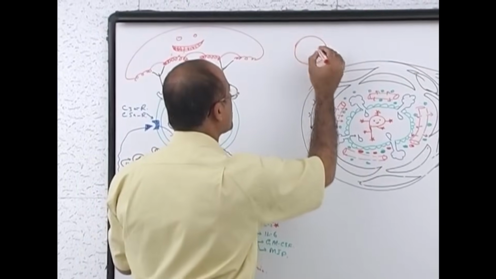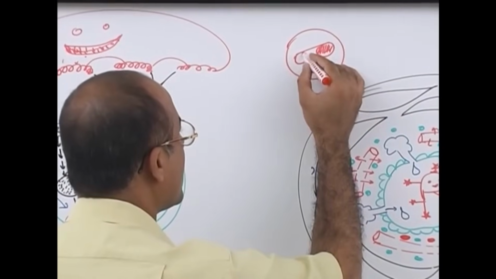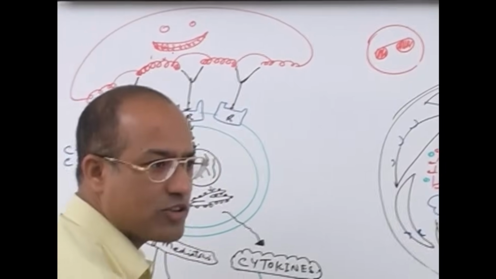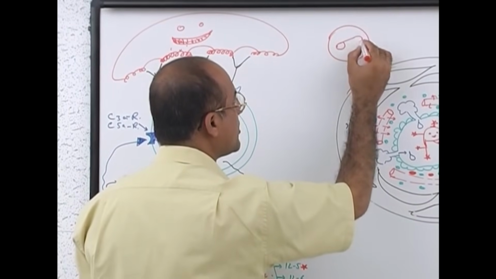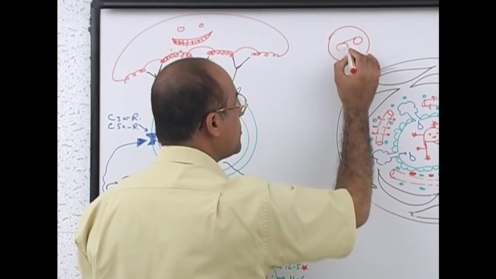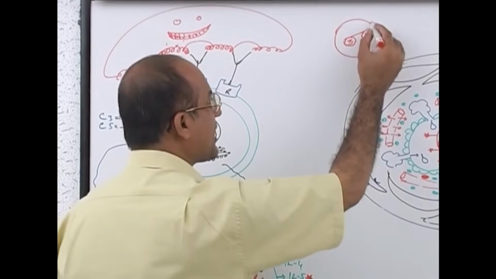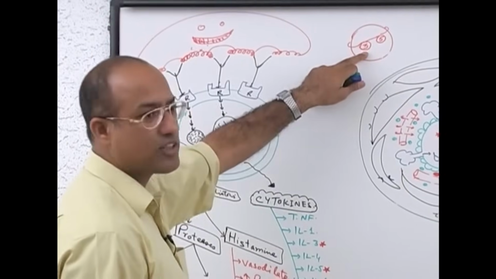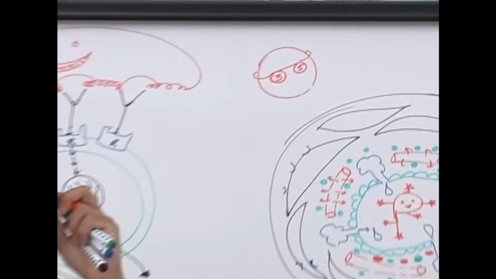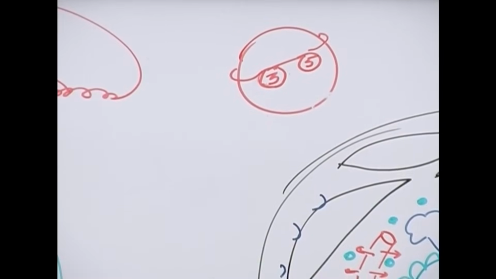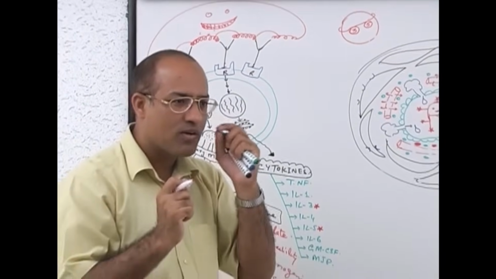Now look at this. This is the queen of the type 1 hypersensitivity reaction. What is this queen? This is the eosinophil. Eosinophils have a bilobed nucleus, like glasses or spectacles, and here is interleukin 3, here is interleukin 5, right?